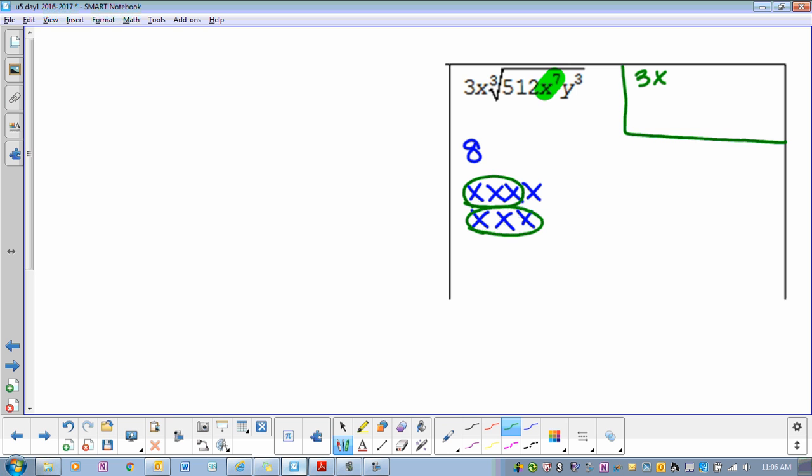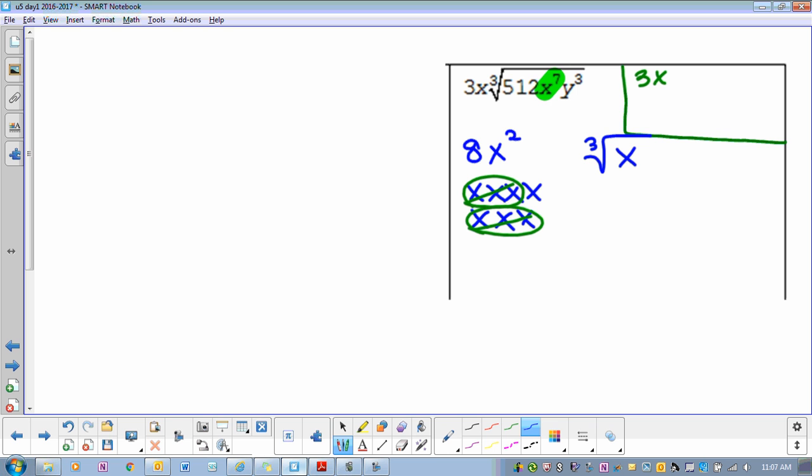So how many x's come out? 2. There's 1, and here's 2, right? The circle ones come out. So x squared comes out. What stays in? The x. Cube root x.